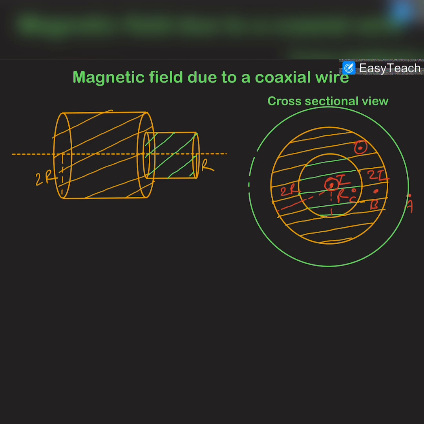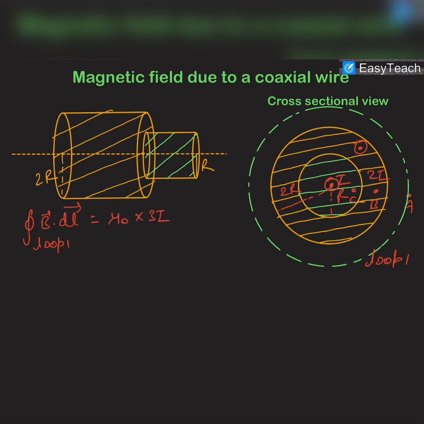The integration of B dot dl on loop 1 is equal to the total current enclosed, which is 3I, so it is mu naught into 3I.